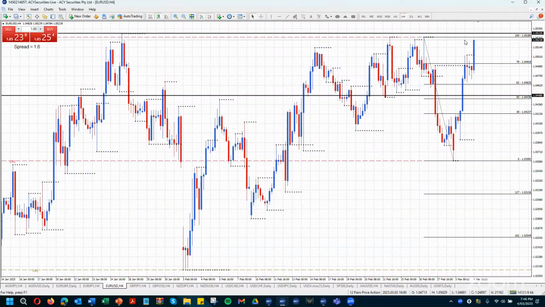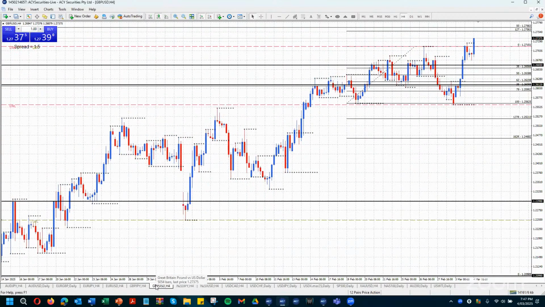Not what I want to buy, but I think the market's going to attempt to break through those highs today. I would look at 105.33 at some point to be support. Pound dollar, still keeping on.